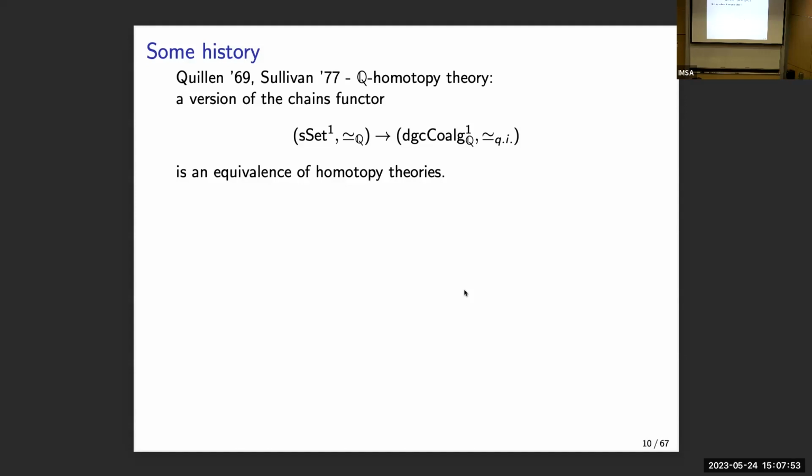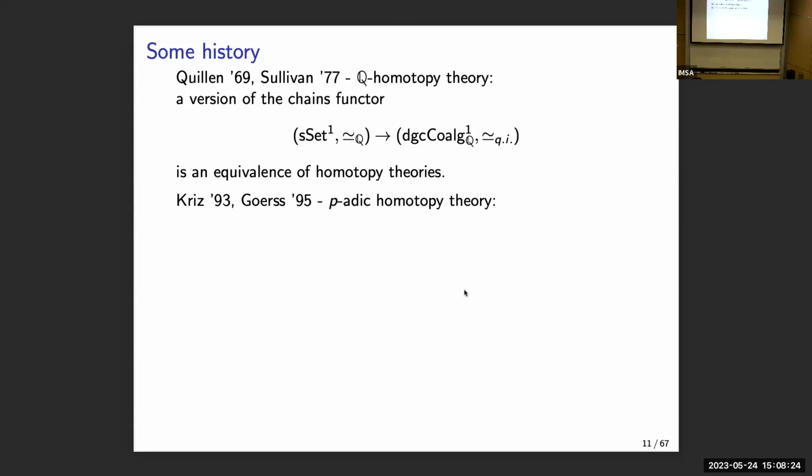Sullivan gave another version of this theory in terms of differential graded commutative algebras for spaces of finite type. He also developed a theory of minimal models, namely described a way of extracting the simplest model for the cochains, and did explicit computations with that.